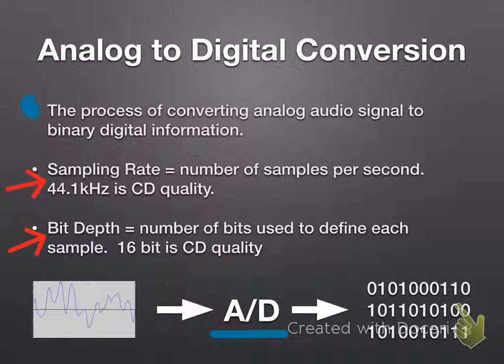Bit depth is the number of bits used to define each sample, and essentially it's the detail of each sample. 16 bits is CD quality. That really determines the accuracy of the amplitude, as we'll see in just a minute. The more 1s and 0s to define each sample, the better the quality, but 16 is the standard for CD quality.